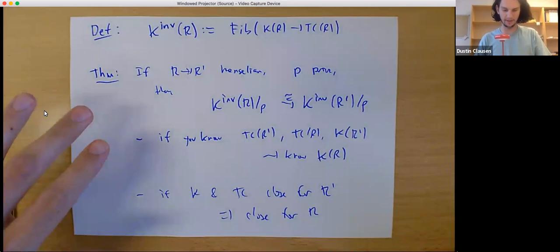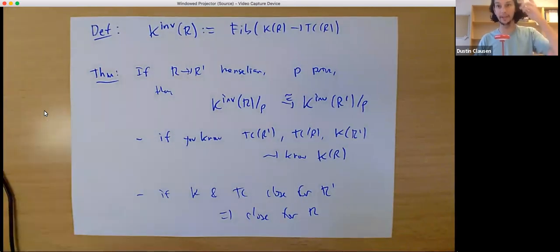This theorem has some special cases which are worth highlighting.